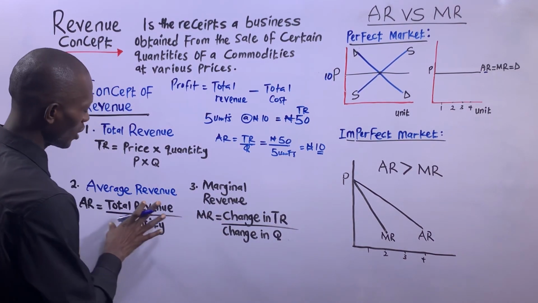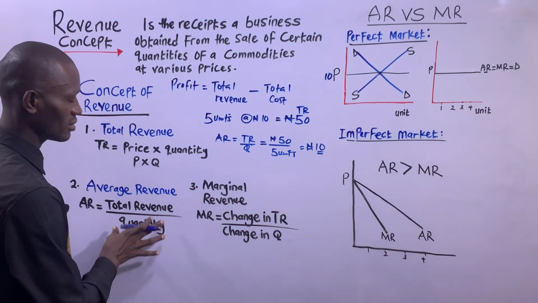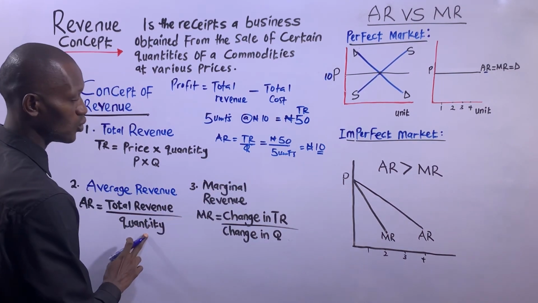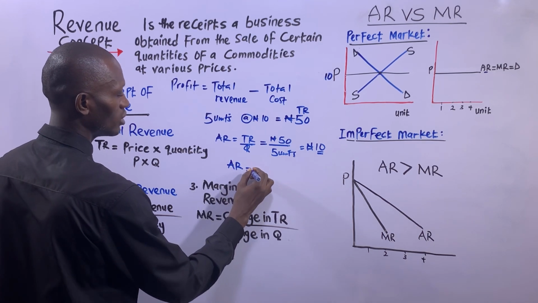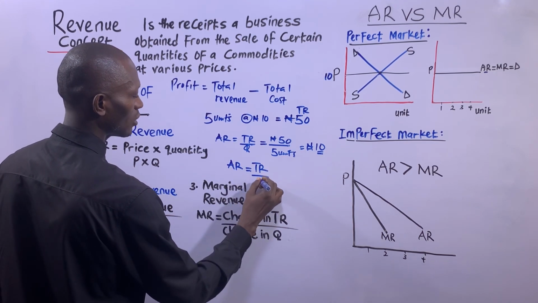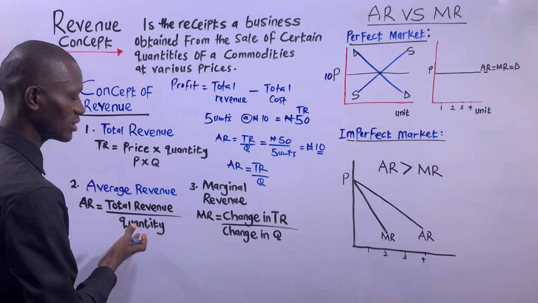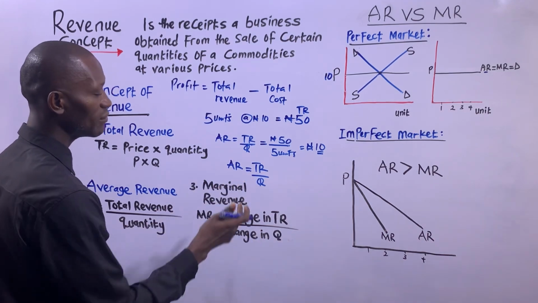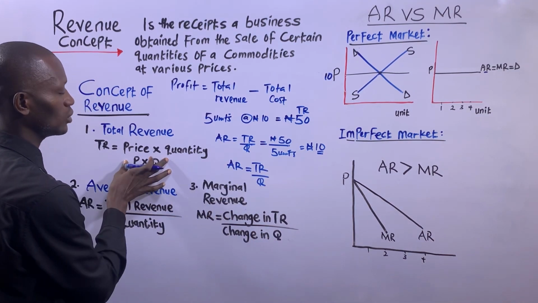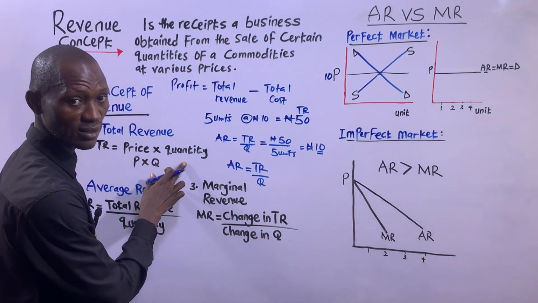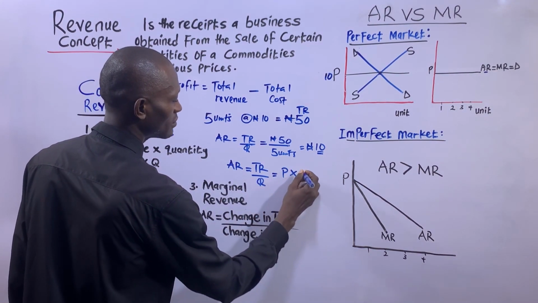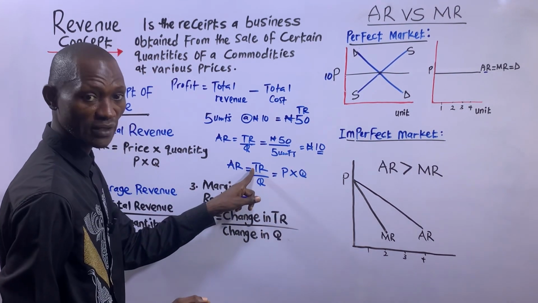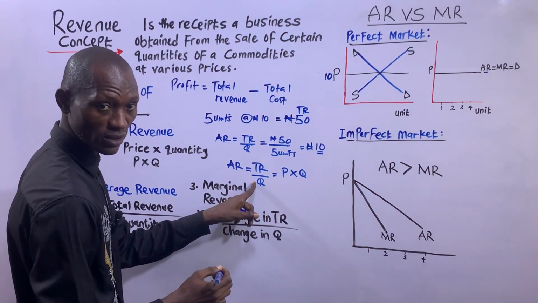Look at this. Your average revenue, to get it, is total revenue divided by quantity. So here we have average revenue equals total revenue divided by quantity. That's the formula to get your average revenue. And we have been told here that total revenue is price times quantity. So here we have price times quantity for our total revenue, then divided by this quantity you have here.